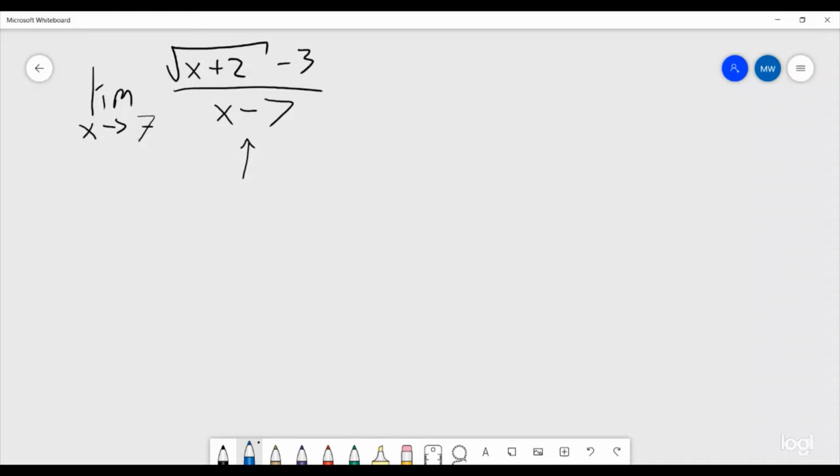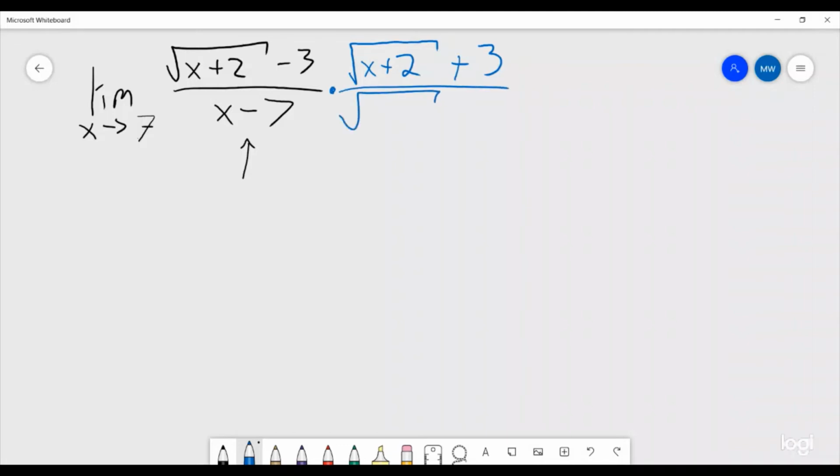Now, a common thing anytime you see a square root with addition in either the numerator or the denominator is to try multiplying the entire fraction by the conjugate. What's the conjugate? Well, it's multiply the top and bottom by the exact same thing, except you change this addition or subtraction to the other one. So because it was a minus 3, we changed it to a plus 3.